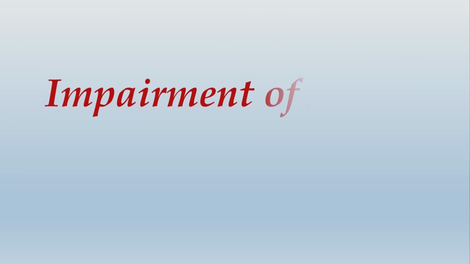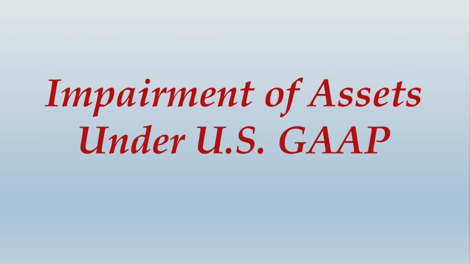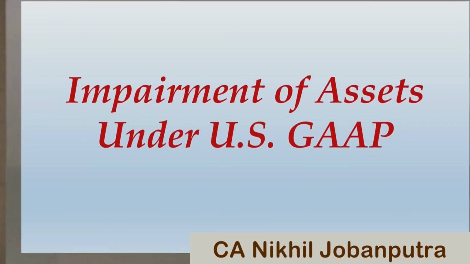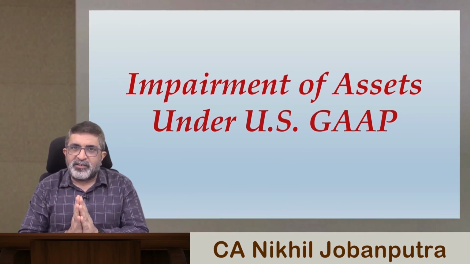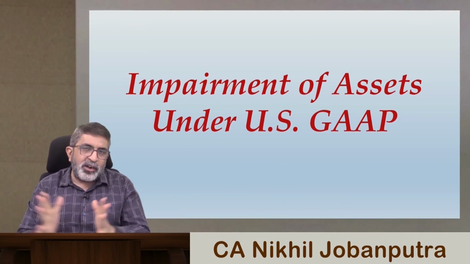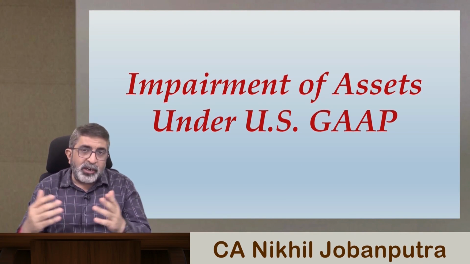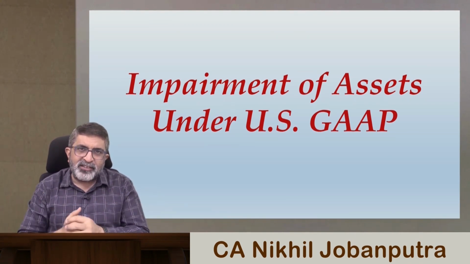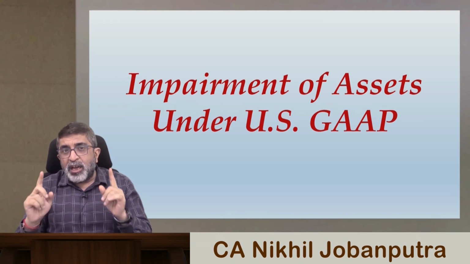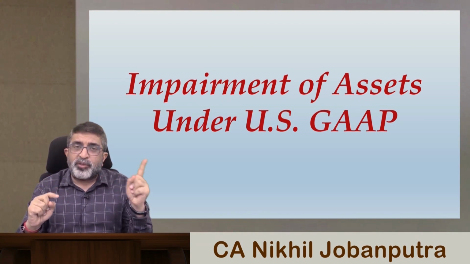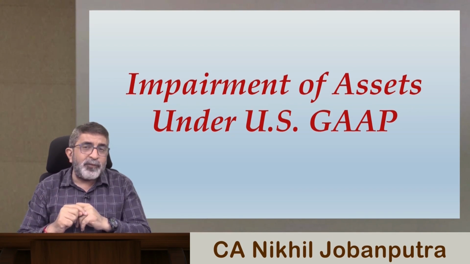Let us move ahead and now deal with impairment of assets under US GAAP. Now for you to recollect, how do you apply US GAAP when it comes to impairment of assets? What is different under US GAAP? Theoretically we have learnt in the previous class. Let me remind you. You are going to consider the undiscounted cash flows that you are expecting in future.